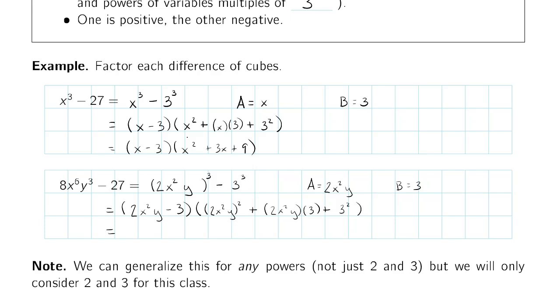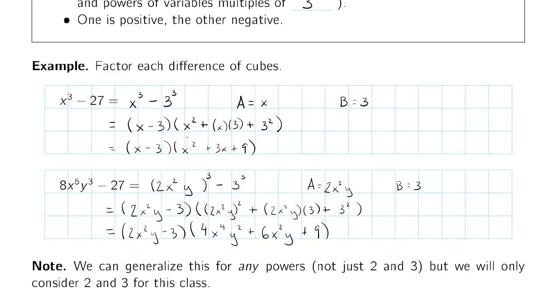And then we need to simplify in that second factor. So 2x squared y minus 3 times 4x to the fourth y squared plus 2x squared y times 3, so 6x squared y, plus 3 squared is 9. And so we have a difference of cubes that factors as that product.